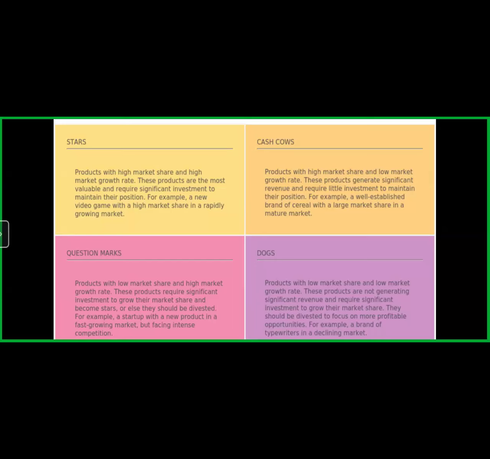We are aware that LG is doing very good and it has a good market share in India. The next thing we need to understand under stars is whether the air conditioner market is growing in India or not.